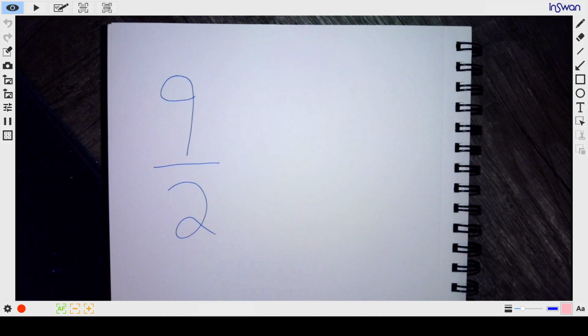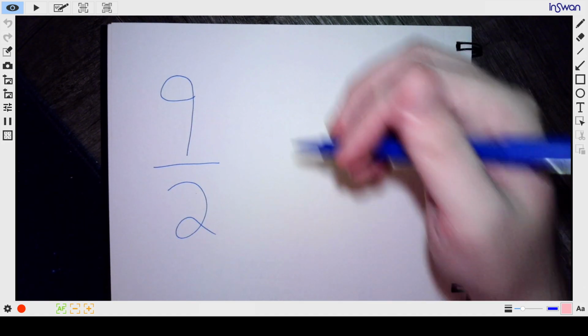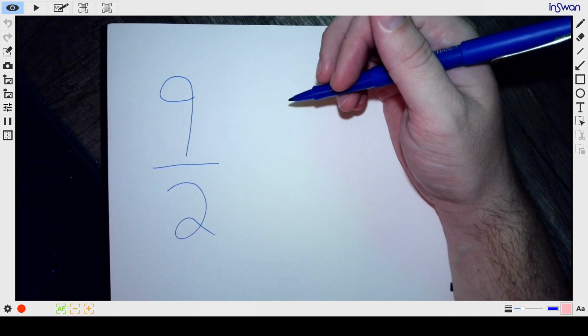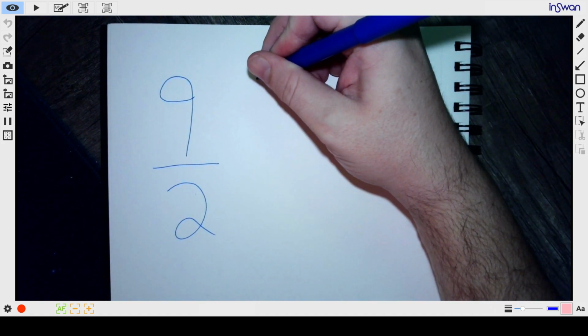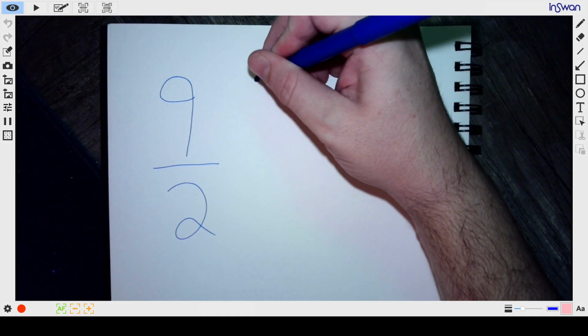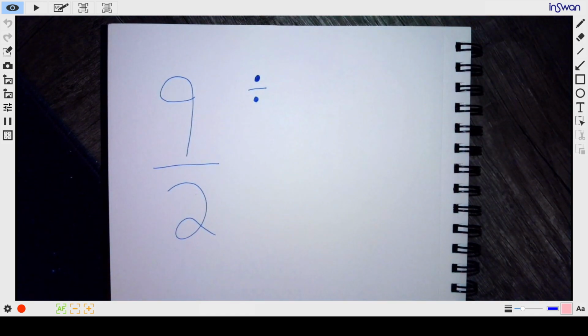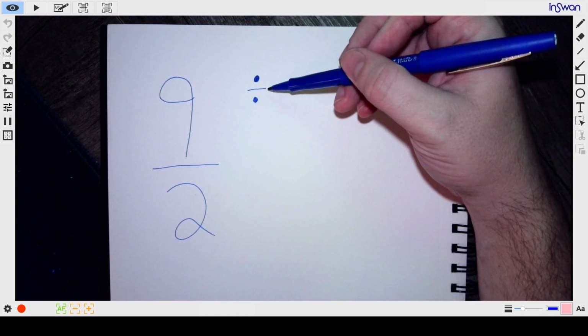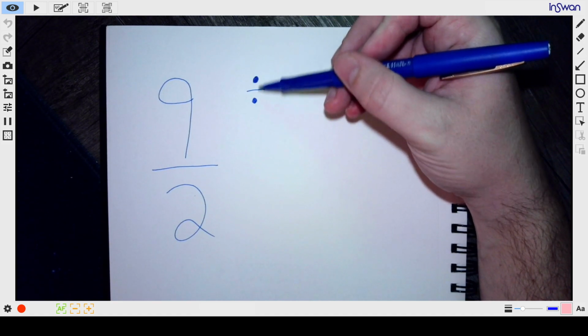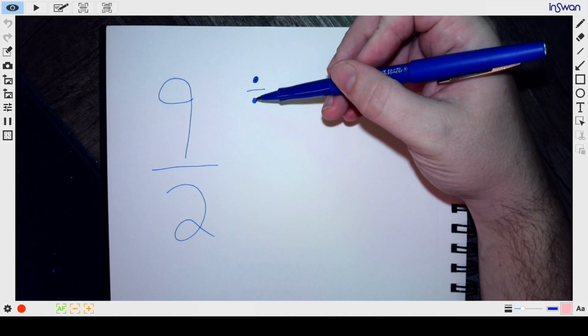So I want to teach you two strategies that can help you turn this improper fraction into a mixed number that has a whole number and a proper fraction. Okay? So, first of all, any fraction is essentially a division problem. We've discussed this in class, but I'll remind you here as well. If you take your regular division symbol, you can think of that as a fraction bar, and the two dots is just the numerator and the denominator.